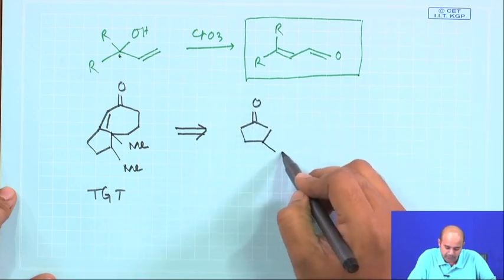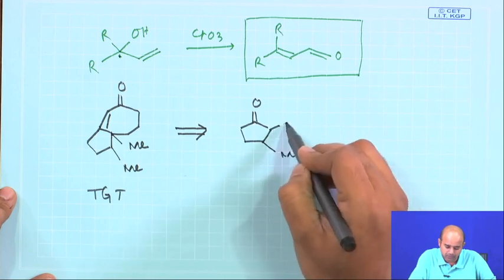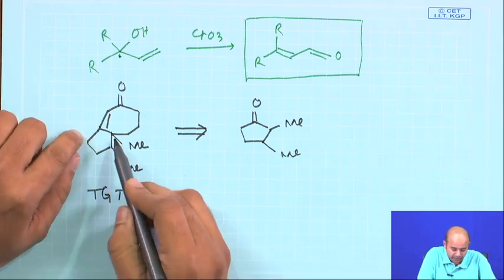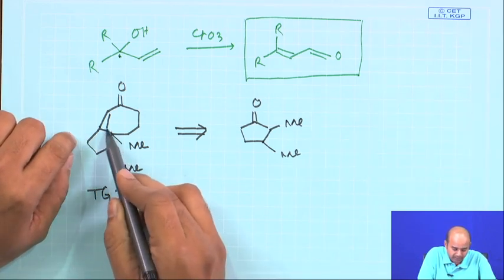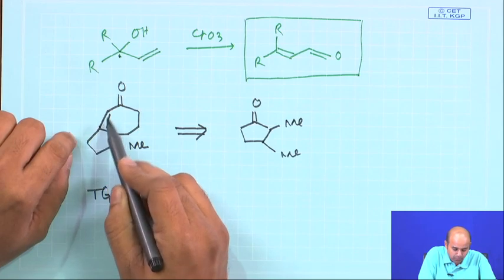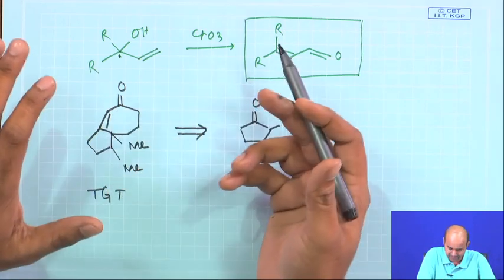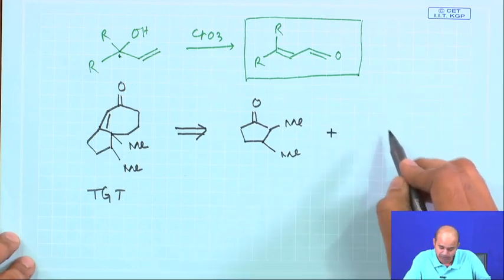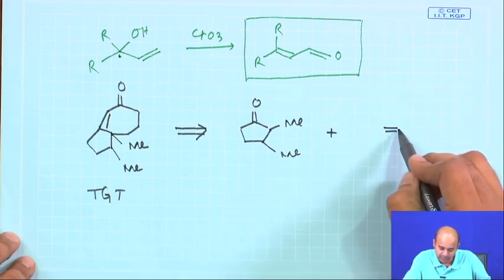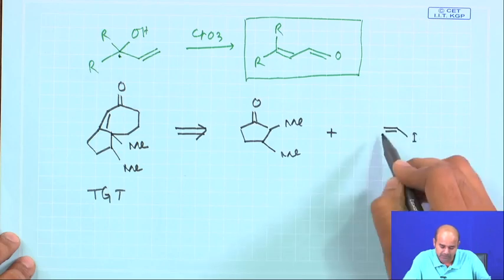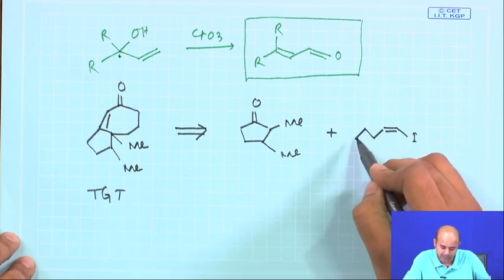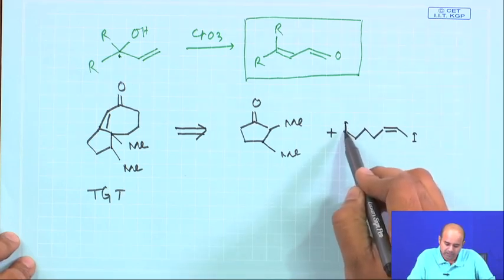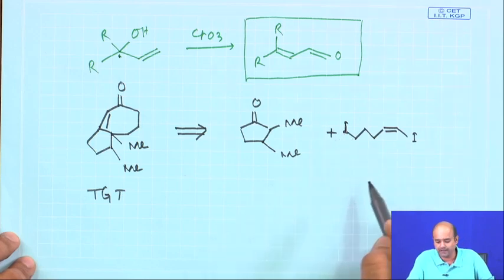We will be using as starting material 2,3-dimethyl cyclopentanone, which is here, methyl, methyl, and this part where the ketone group has been replaced. I will also give a second starting material, which is a vinylic iodo as well as an aliphatic iodo.